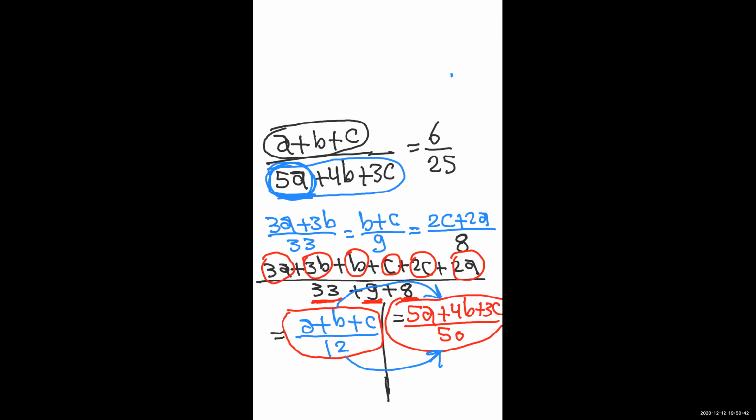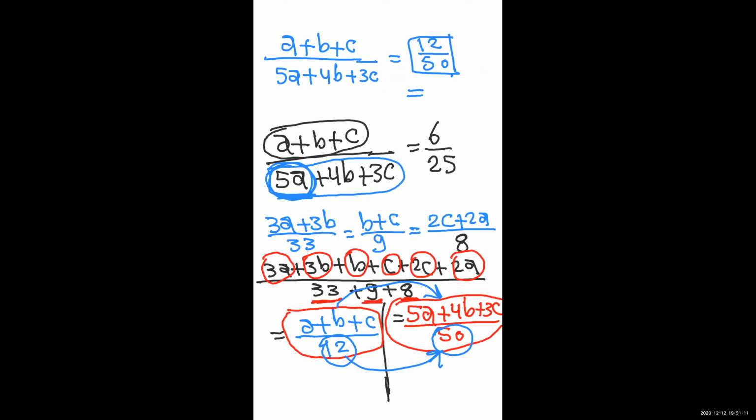Okay, let's continue. The first antecedent over the second antecedent becomes a plus b plus c over 5a plus 4b plus 3c. Then it will equal the first consequent, which is 12, over the second consequent, which is 50. So 12 over 50. Now simplify 12 over 50.